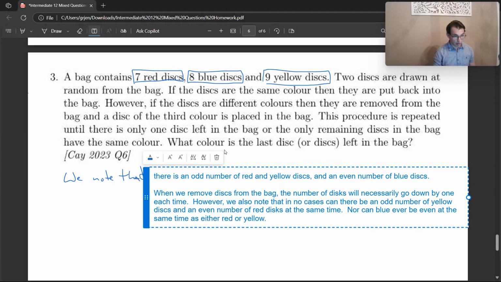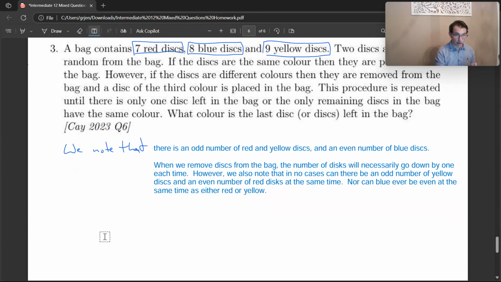We'll never get red to be even at the same time yellow's odd, and vice versa. Red and yellow are fixed together. They have to both be odd or even at the same time. Let's prove it.